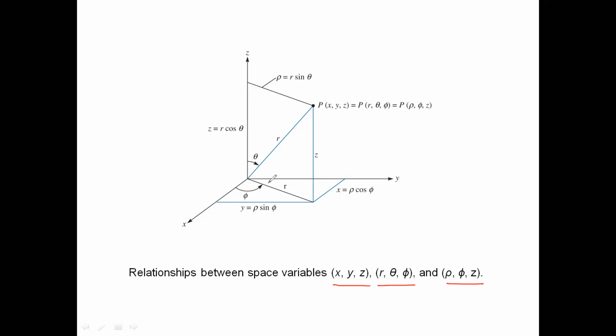Between the first two we have already seen the relations. Now additionally we have added the spherical one, that is r, theta, phi. Now if you see this figure, all these relations you can easily see. This is the distance x, this is the distance y, this is the distance z, parallel. In the same manner we can get the remaining terms.